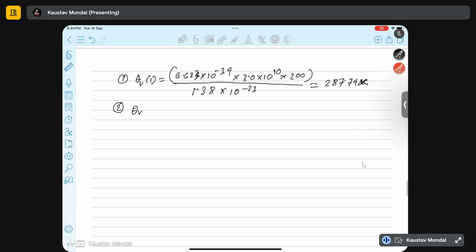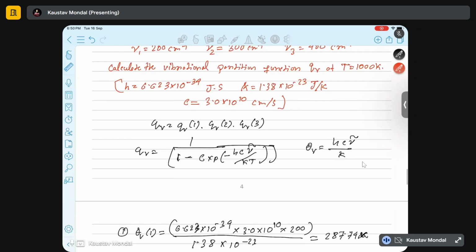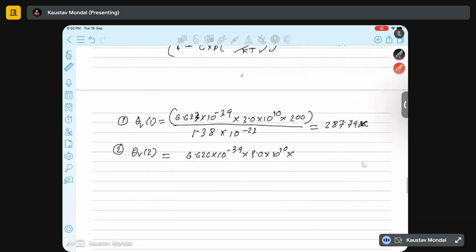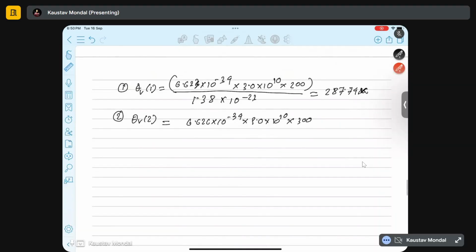Second is theta V2, the vibrational temperature for the second vibrational mode. 6.626 into 10 to the power minus 34 into 3.0 into 10 to the power 10 into 300, since the wave number for the second case is 300, the whole thing divided by 1.38 into 10 to the power minus 23.